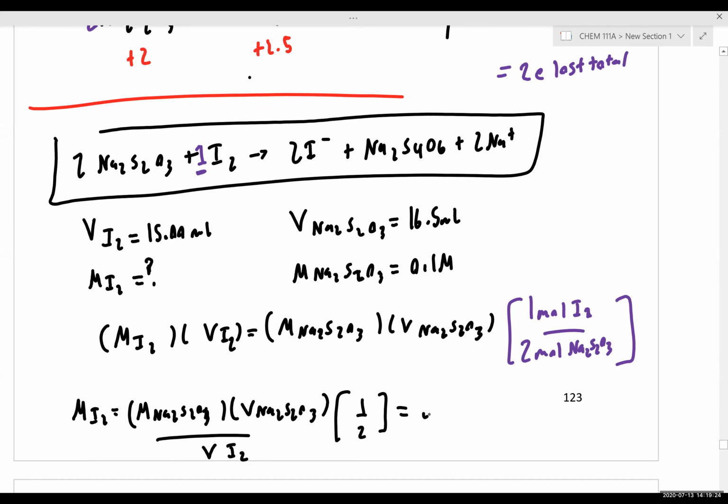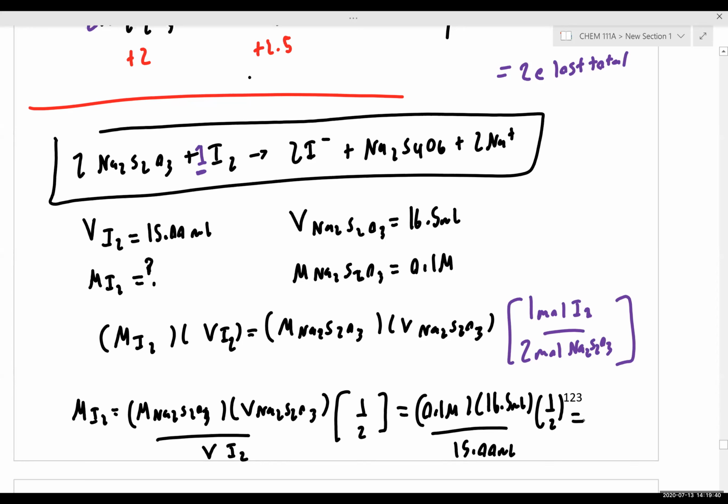That in turn gives us 0.1 molar times 16.5 milliliters times 1/2 over 15.00 milliliters.